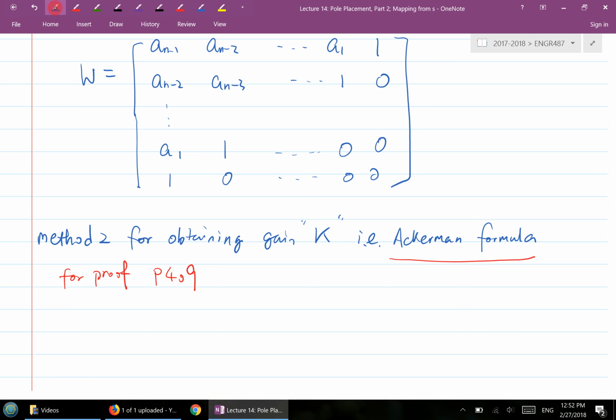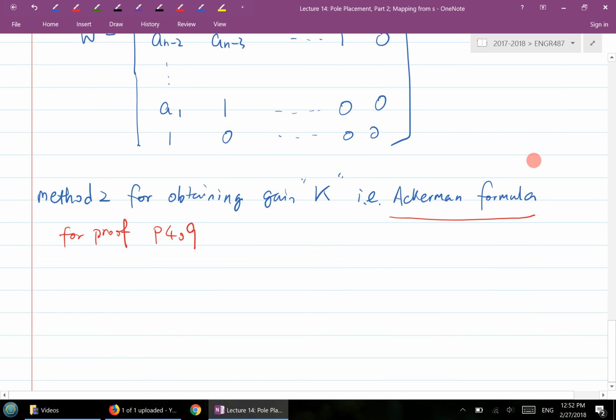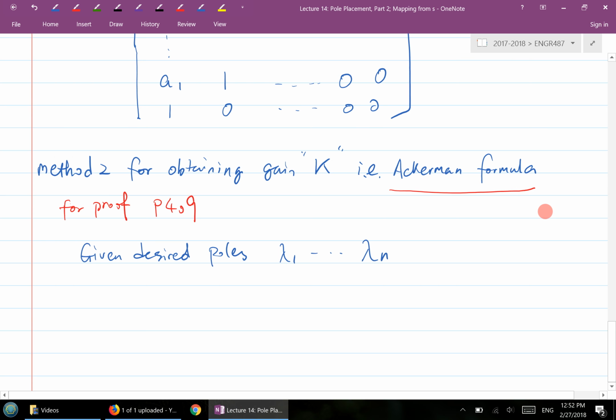So what's the Ackermann's formula here? Start with, let's say, given desired poles. Suppose they are lambda 1 up to lambda n. With the desired poles, we can obtain our desired characteristic polynomial.